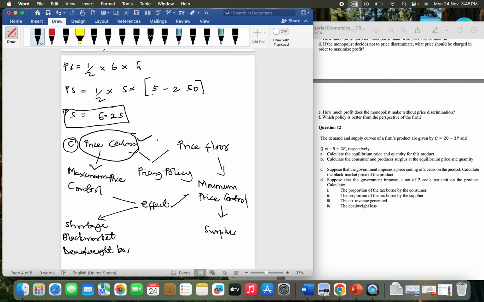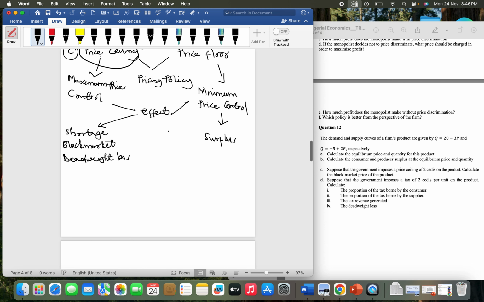So the effect of the price floor is the surplus. When you sell below, that's the price ceiling, and the effect of it is what? Shortage. With the question, we were given a price ceiling. So our focus is the price ceiling, not the price floor. Let me illustrate how we are going to go about it.